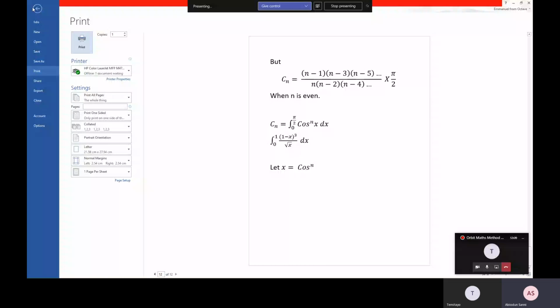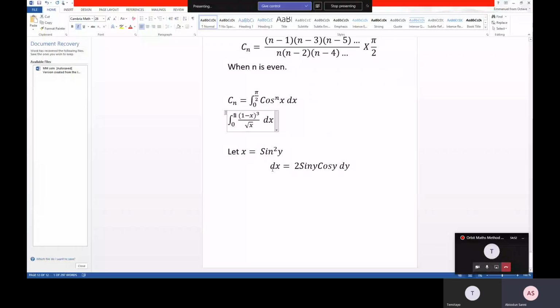So when x is equal to 0, say for example, then you are saying that 0 is equal to sin square y. If you are saying this, definitely you are saying that sin y is equal to 0, because if you take square root of both sides, it's 0.